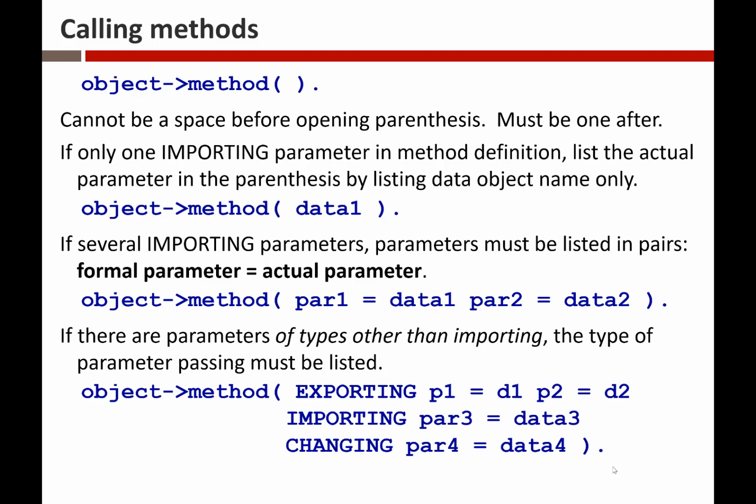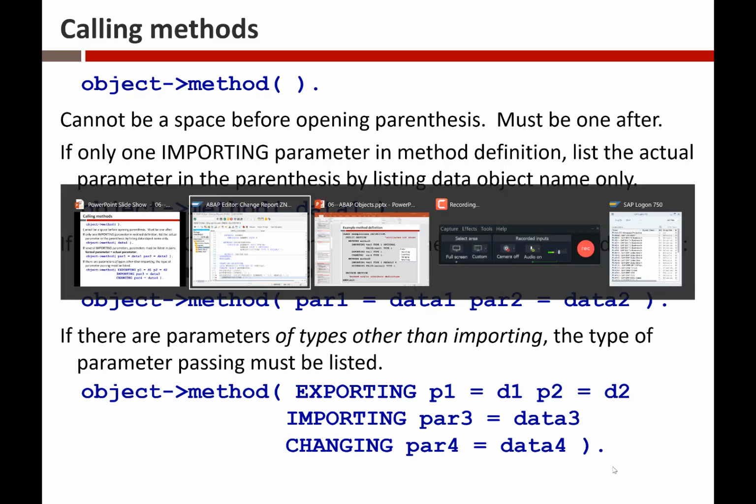So exporting on the caller matches up with importing. Importing on the caller matches up with exporting from the method's perspective. And the good thing is changing is the same on both ends. So that gets potentially a little bit tricky, but the nice thing is it's extremely explicit, and so of course the system can do checking here.